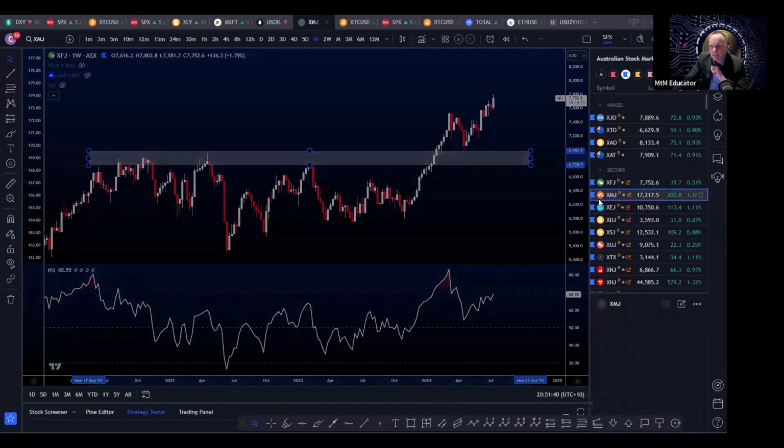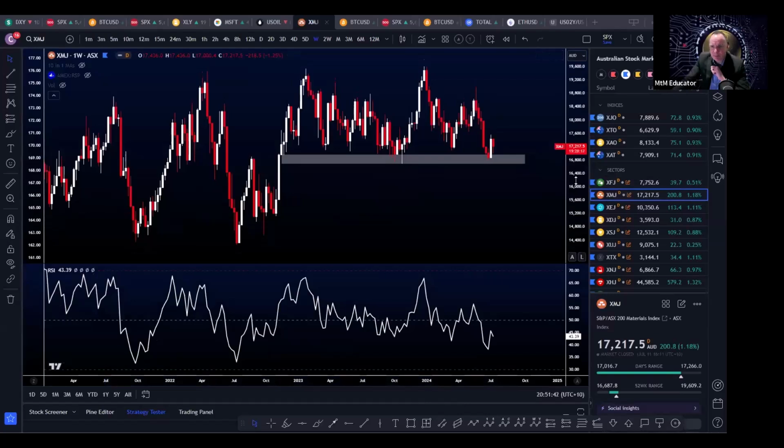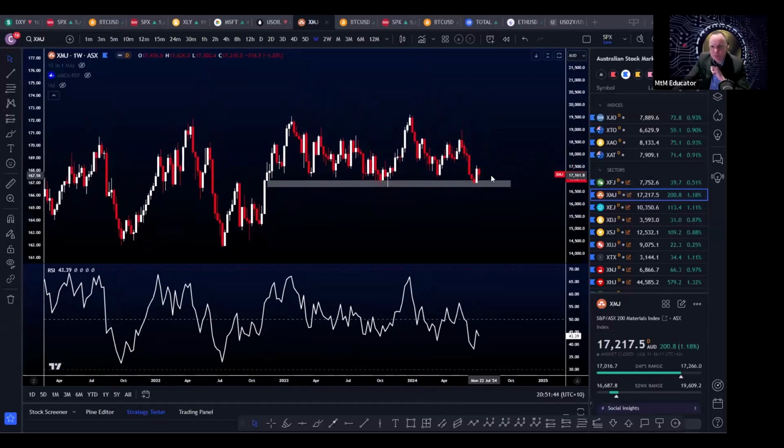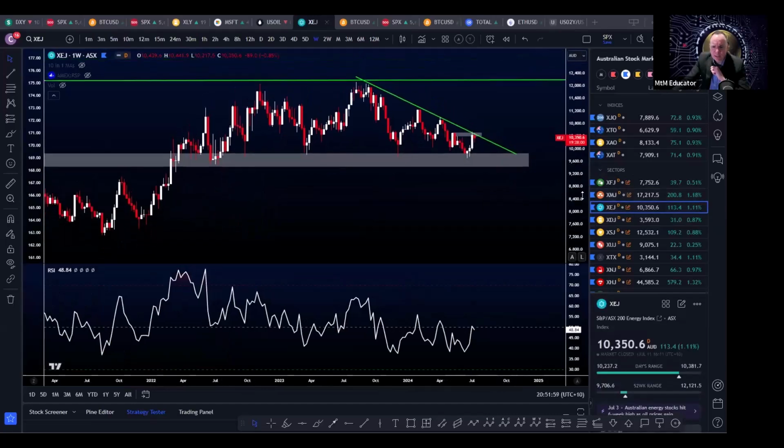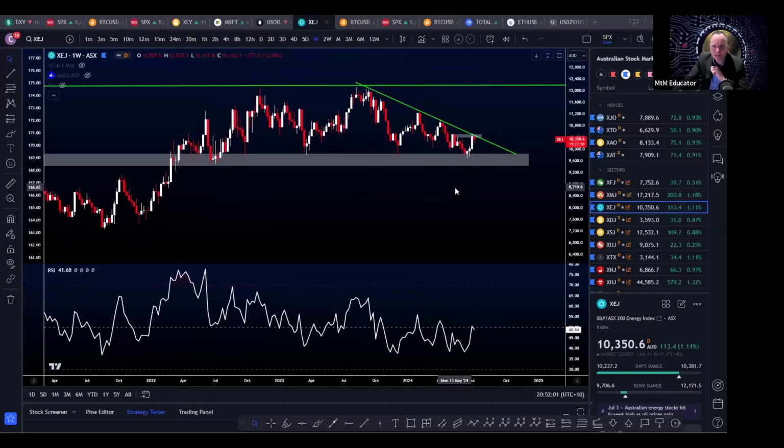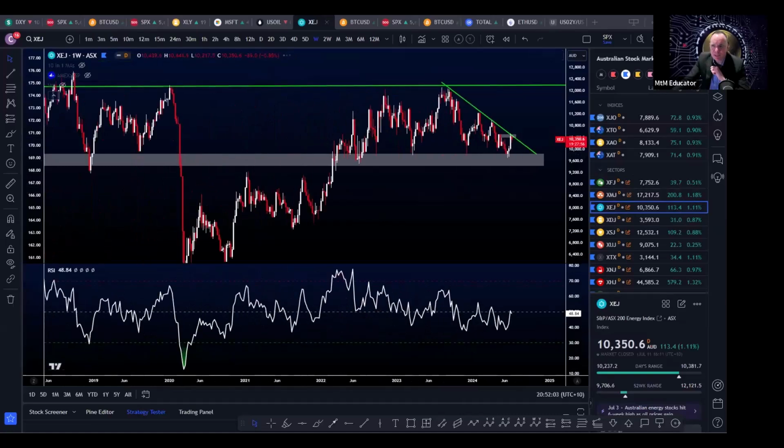Another sector that I mentioned earlier was materials. So materials, right, it's been sitting on this base of support for a period of time, and we're really looking at going into a new high here. But the one that I was really excited about, that should be presenting a really good opportunity for us, is energy.